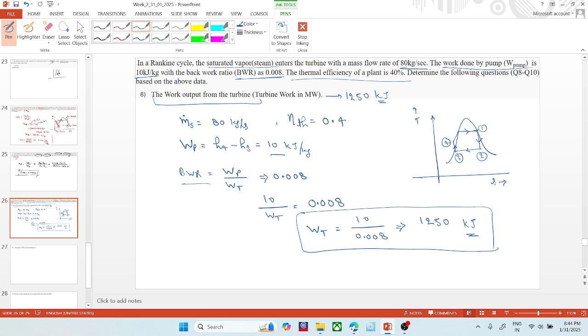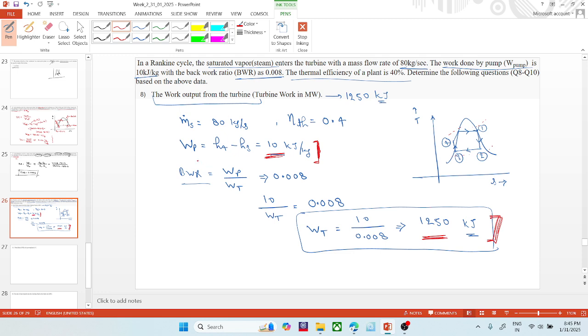I don't know if you have noticed or not, you can see that here pump work is only 10 and the turbine work is 1250. So you can see the difference. When we increase the boiler pressure and decrease the condenser pressure like this, the change in the pump work is very less and also of very low magnitude, but the change in the turbine work is very high.